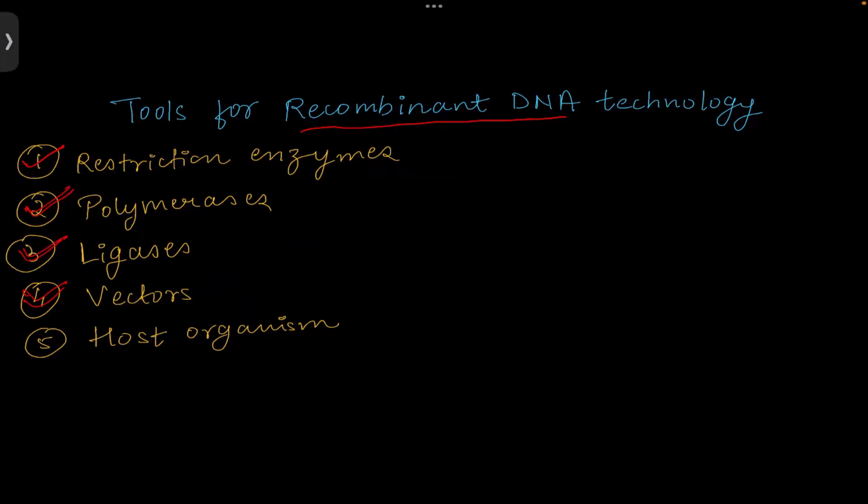In the previous example, it was a plasmid, but there are other vectors as well. And lastly, you need a host organism where you can make sure that your recombinant DNA will be stable, will be cloned, and will be transferred to daughter cells. Now we will understand each of these one by one.